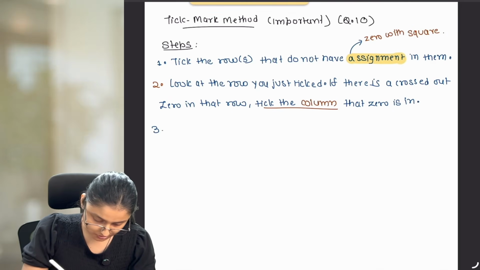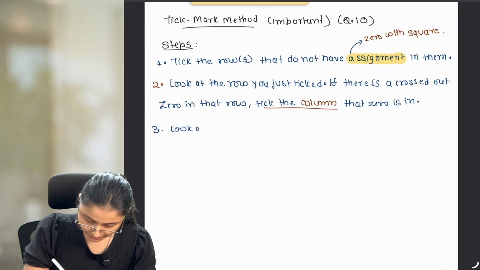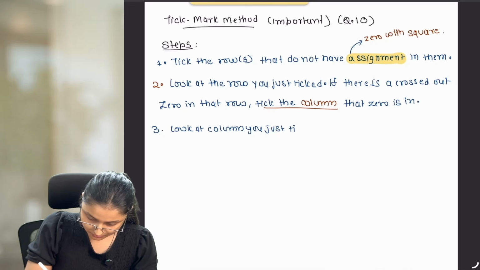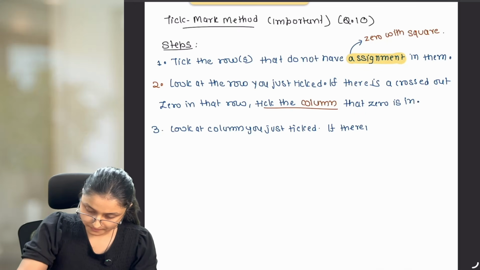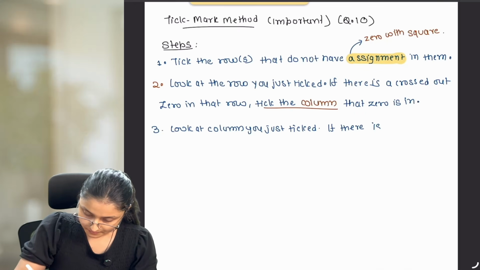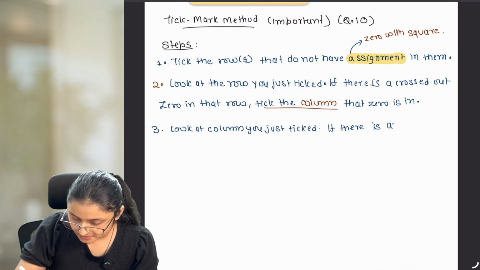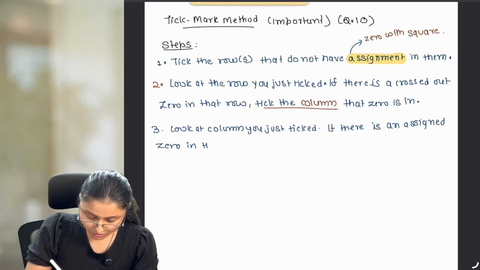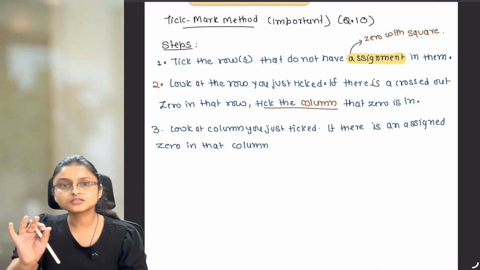Now comes our step number 3. Look at the column you just ticked. If there is an assigned 0 in that column, assigned 0 means 0 with square.